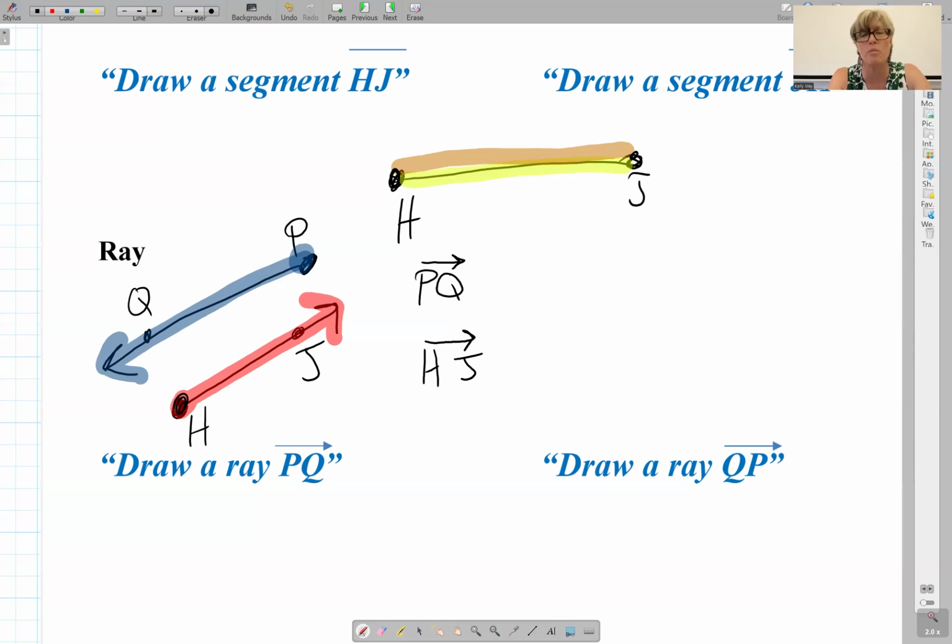What do I want you to remember? Here, order does matter. So that blue ray would be incorrectly labeled if you started with Q and then went to P, because that is saying that Q is the endpoint and it's not. So write QP and then put a little don't-do-it symbol.